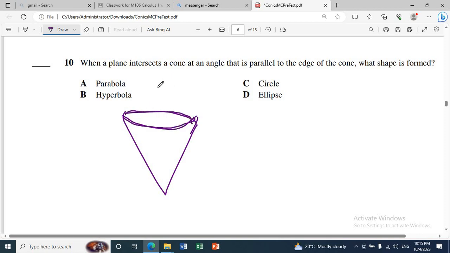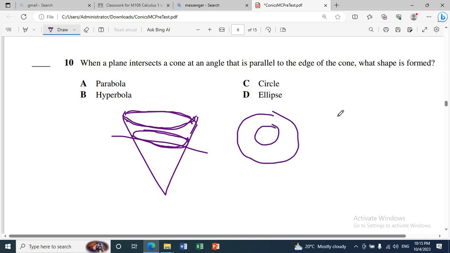So parallel, a plane intersecting parallel to the edge. So if this is the plane intersecting, we have now a figure which is actually a circle. The top view is a circle. So if you slice it, we have a circle. So it's letter C, number 10.